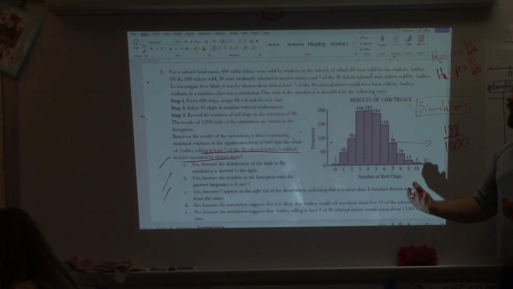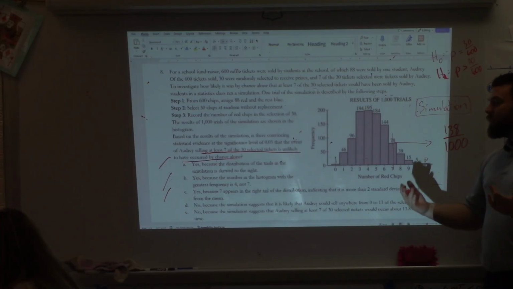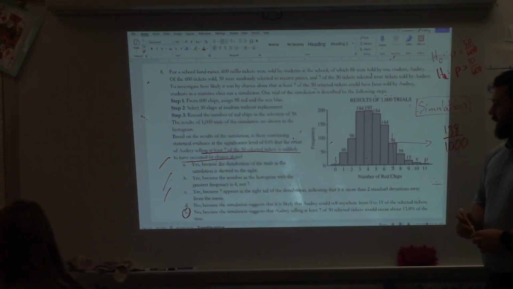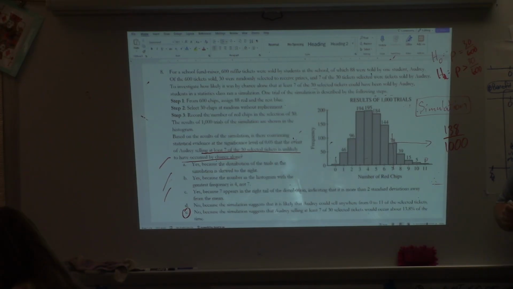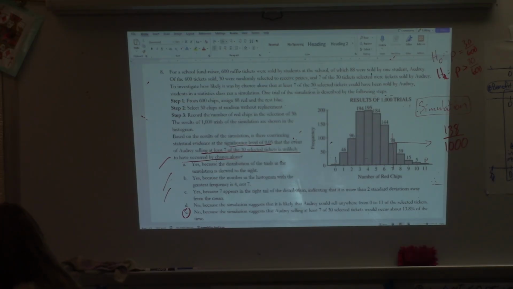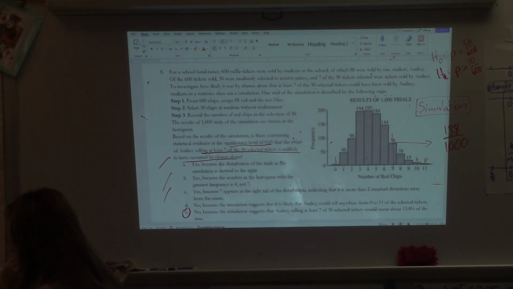No. Is it so unlikely we would say that someone cheated? No. It's not less than 0.05, and they even told us a significance level of 0.05. It's a simulation. It's a proportion, or p-value, the probability of that or more extreme. Questions about the simulation? No. Good.